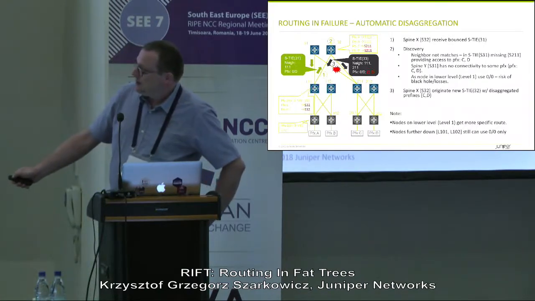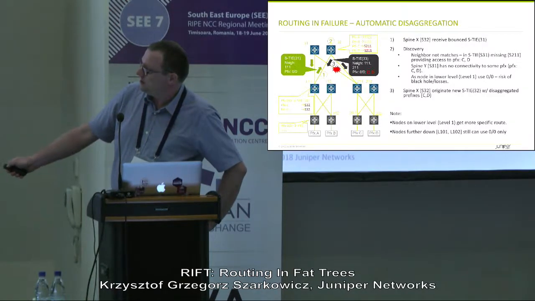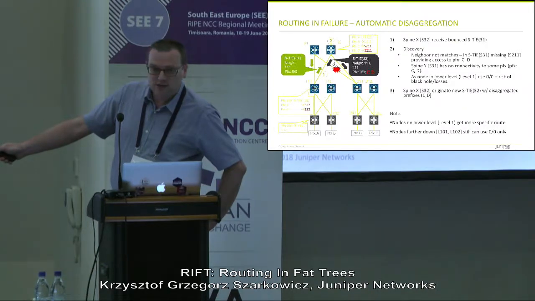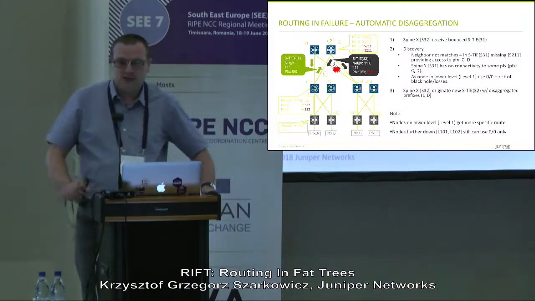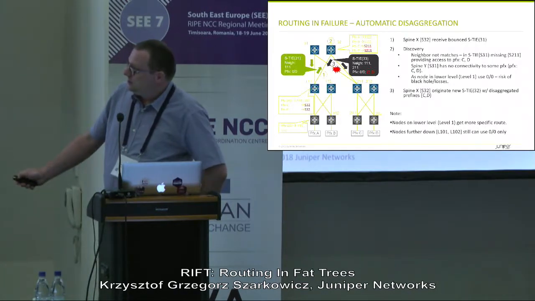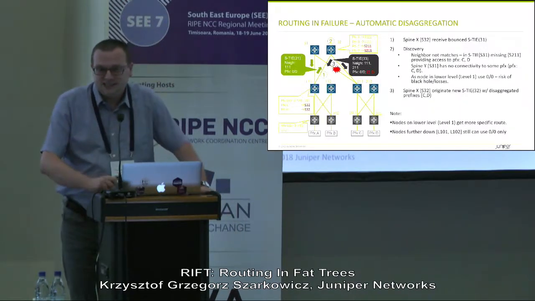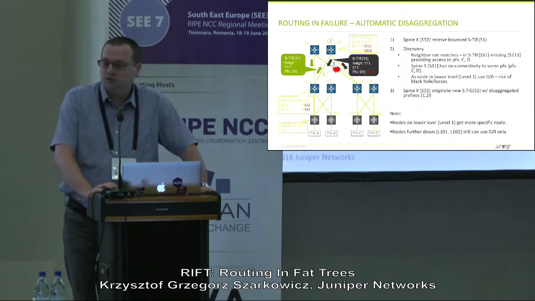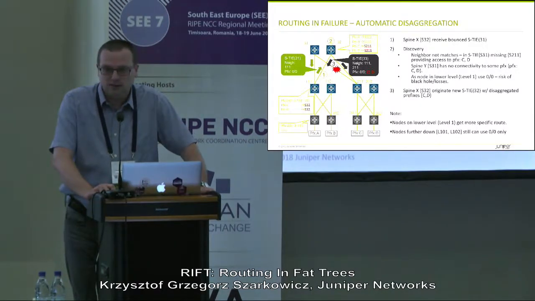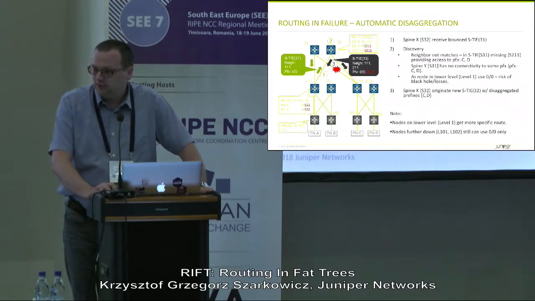Well, 111 would start load balancing and would send some packets destined to destination C to this guy, and this guy would drop them because he has no information for destination C. This is what we call automatic disaggregation. In the normal case, we send only the default downstream, but if some network failure happens in the network, we start to send additional prefixes. But again, it's not the full routing table that we send downstream, just the prefixes that are exactly needed to avoid black holing of the traffic.